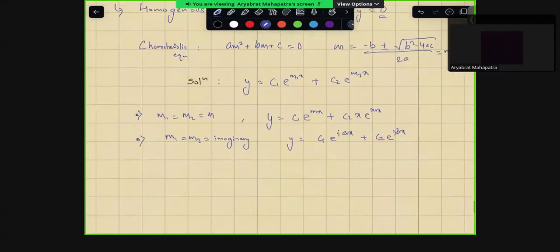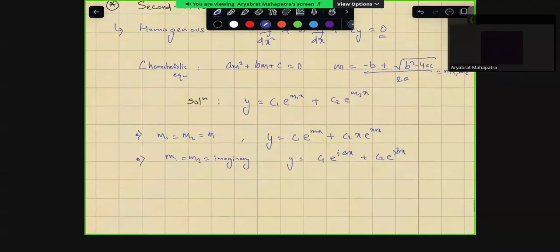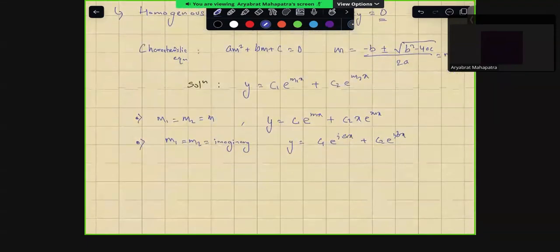So in these homogeneous differential equations of second order, there are certain cases where, when your roots of the auxiliary equation are of a certain type, you have the corresponding solution. Similarly, there can be another case where your roots would be complex.